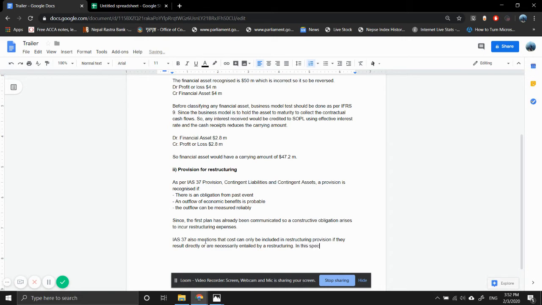In this specific case, only employee redundancy costs are provisioned, whereas ongoing activities such as relocation and retraining are not included.